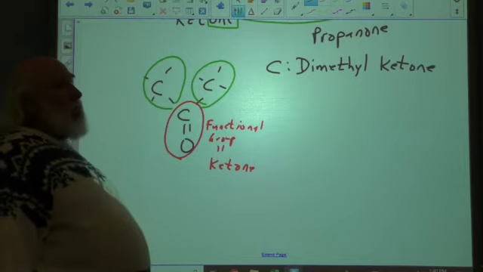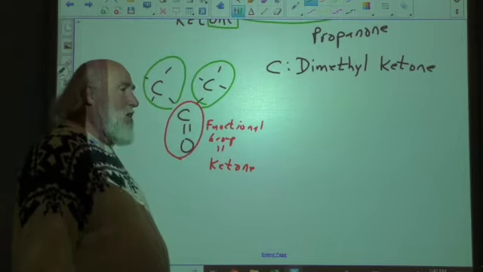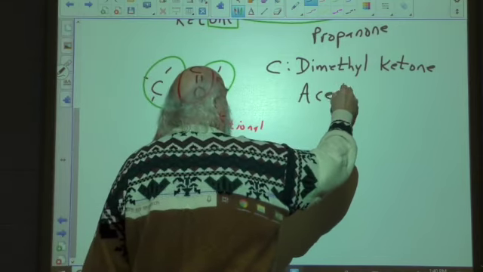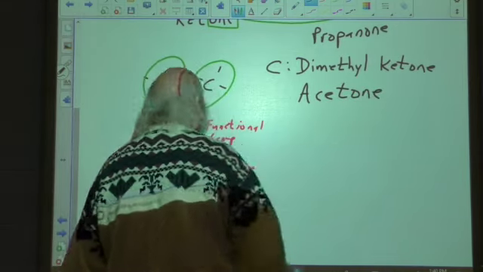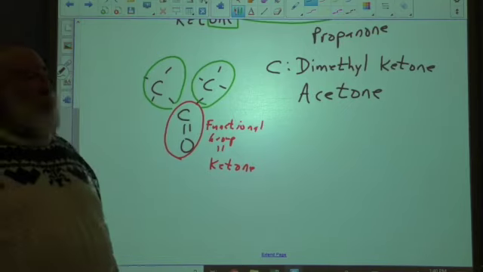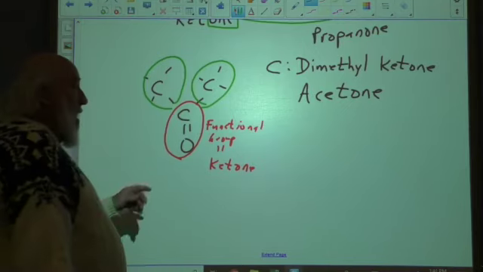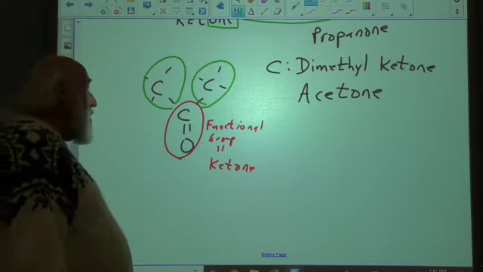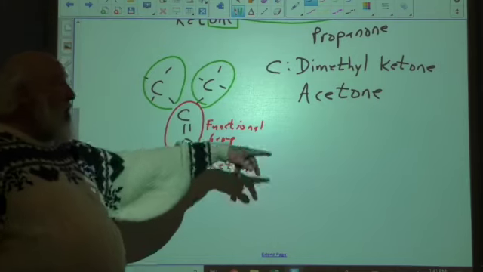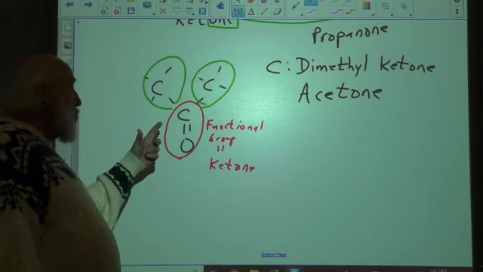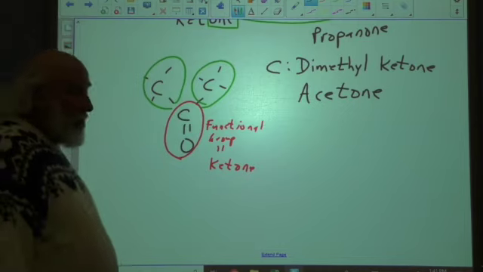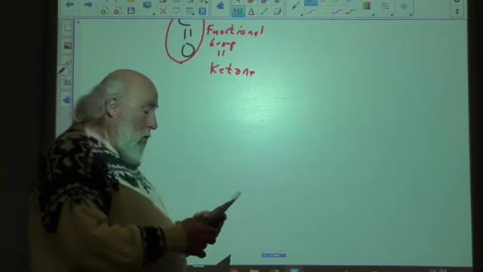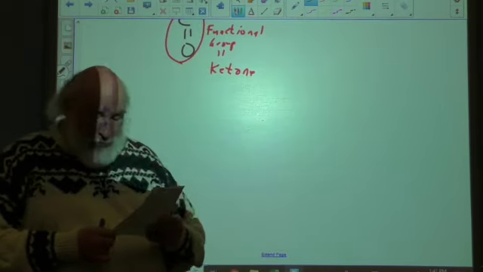But nobody calls it that. They call it something else. And yeah, this is acetone. Everybody calls it acetone. Although I have seen bottles with the name propanone on it, it made me very happy. I'd like to get rid of the name acetone because the ACET on there implies something that is not true about this. So, what are you going to do? Ignore it. That's what I like to do.